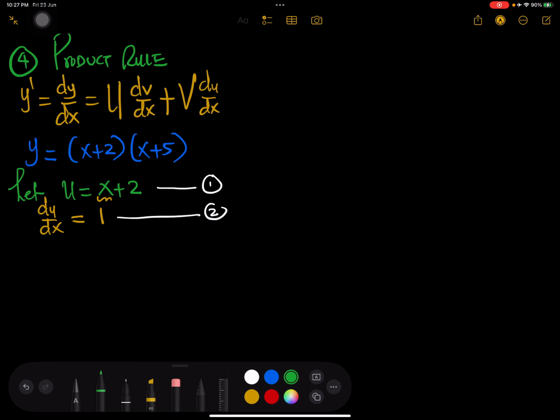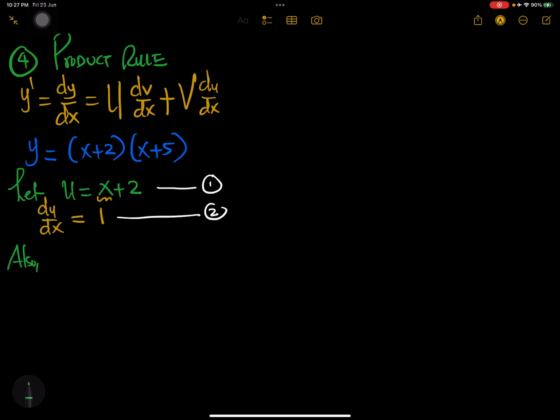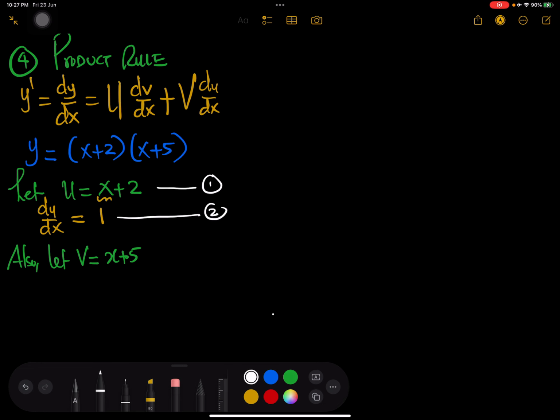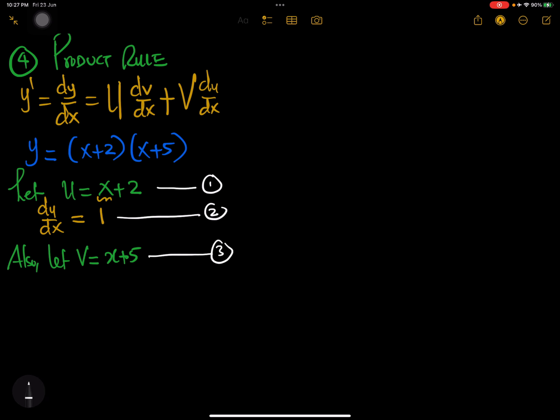Also, let v be equal to x + 5, and we can make that equation 3. This way, dv/dx is equal to 1, because x is the same as 1 times x to the power 1, which gives 1 times x to the power 1 minus 1, so 1 times x to the power 0, which is 1.